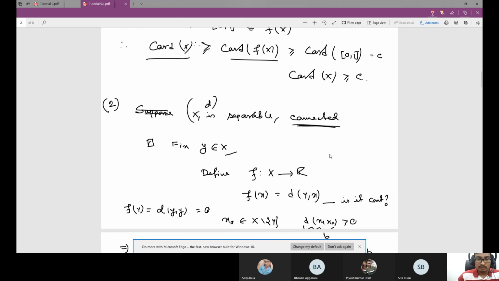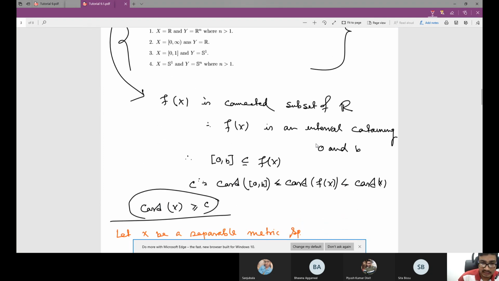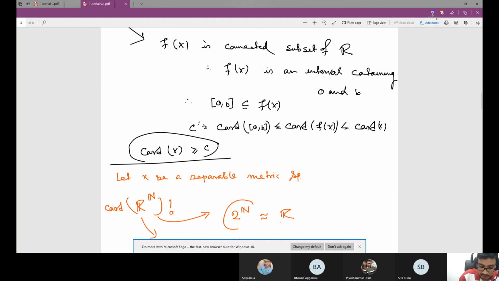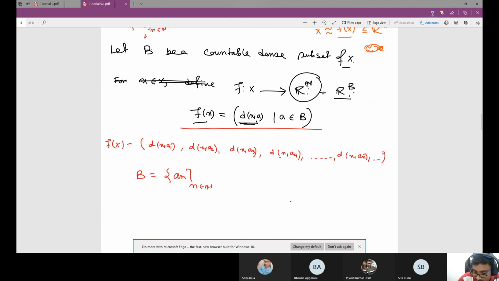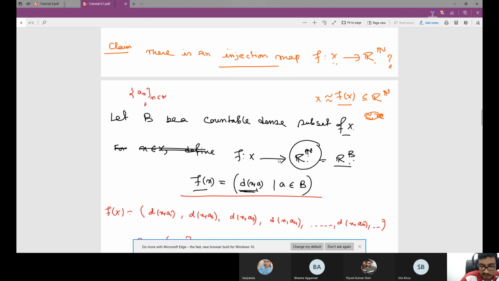Fine. So we have proved that whenever the space X is a connected metric space, then the cardinality of X is greater than or equal to C. Now our aim is to prove that C is less than or equal to the cardinality of X. By the hypothesis, the space is separable.